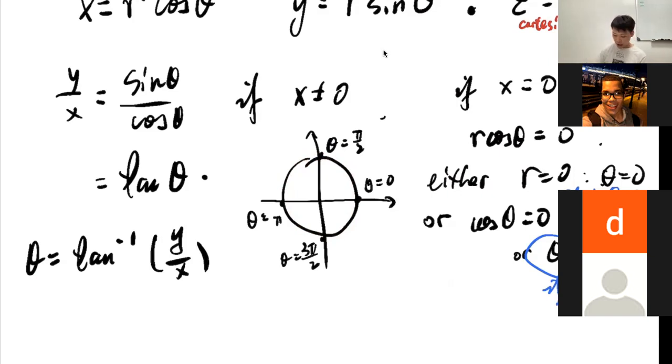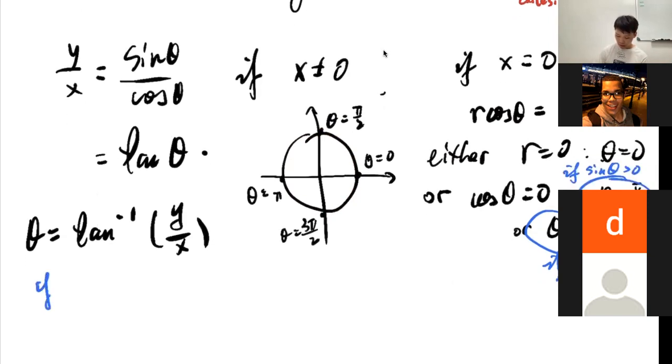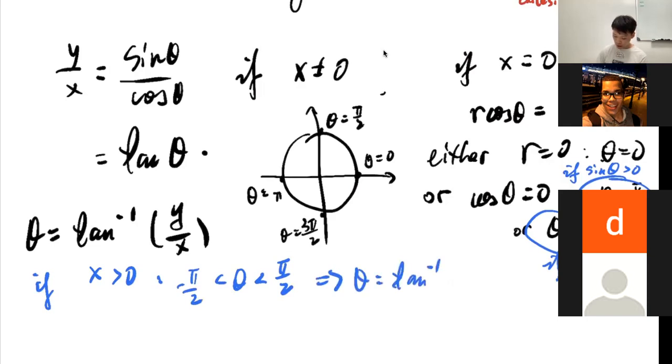It is determined by your x, right? If you have a positive x, it's definitely here, between negative pi over 2 and pi over 2. So if your x is greater than 0, that means your theta is between negative pi over 2 and pi over 2, so you can just use your inverse tangent.